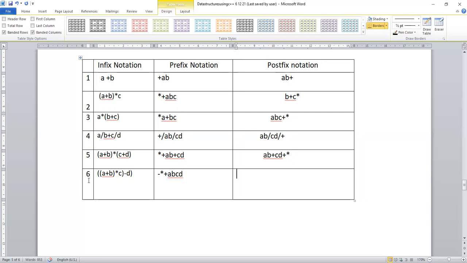This is prefix notation. In postfix notation, first the operand should come: AB plus C asterisk D minus.